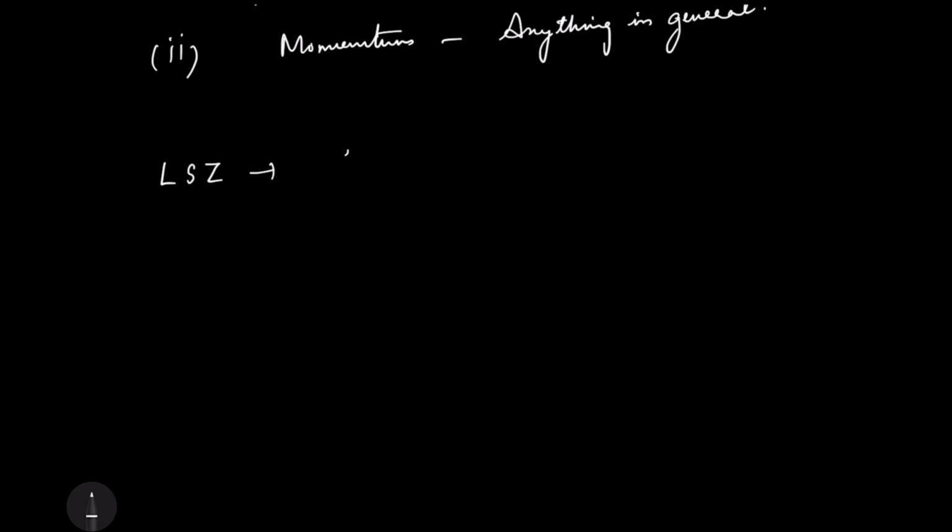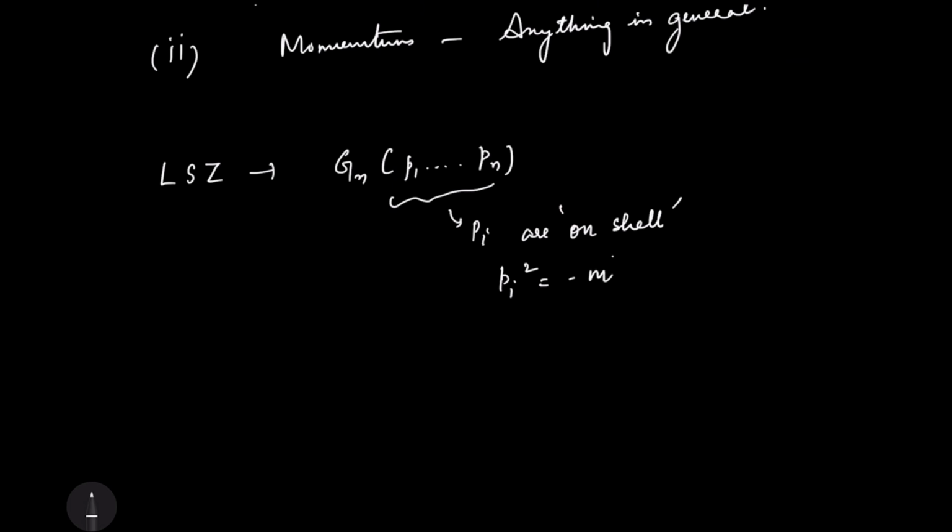That is, if you have the endpoint function in momentum space, and suppose all the p_i are on shell, right? If all the p_i are on shell, then there is a condition p_i squared must be equal to minus m squared.